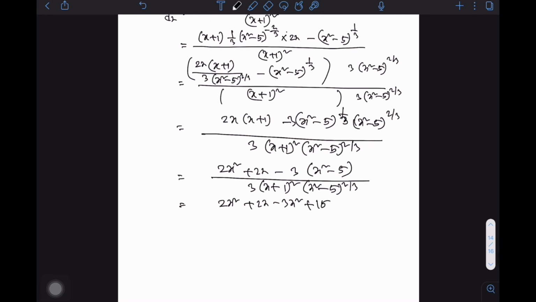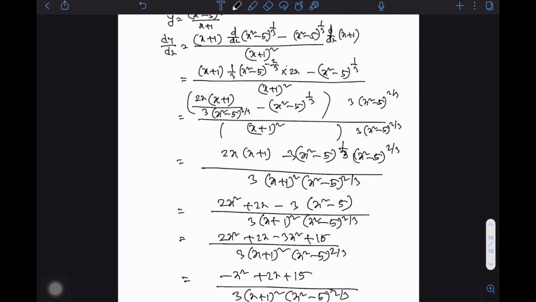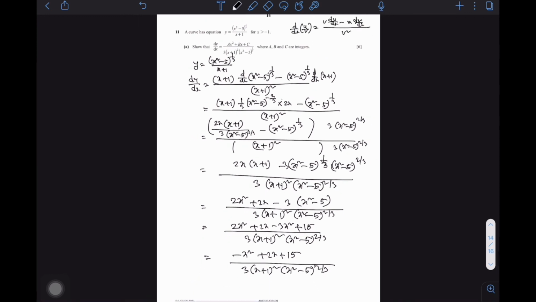So if we subtract, keep denominator same, and then subtract: (x² + 2x + 15) divided by 3 (x + 1) whole squared (x² - 5)^(2/3). So I think this is what is given to prove this.